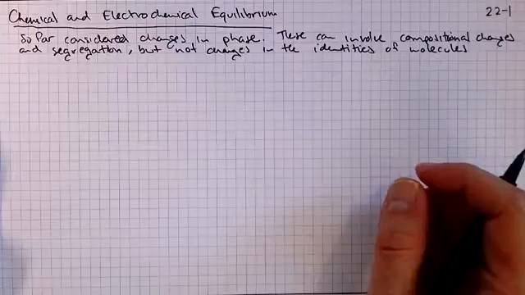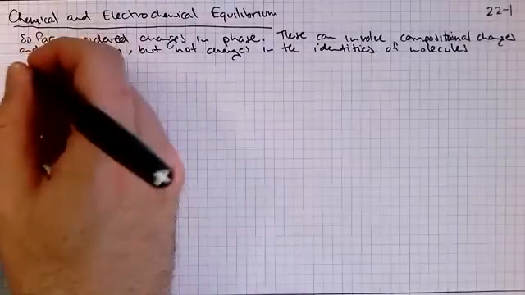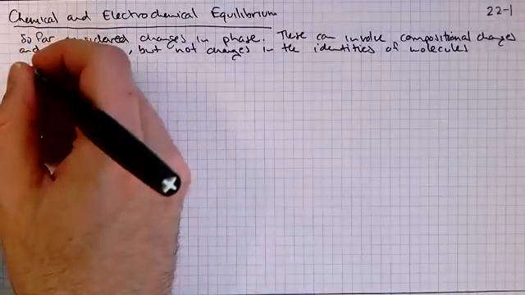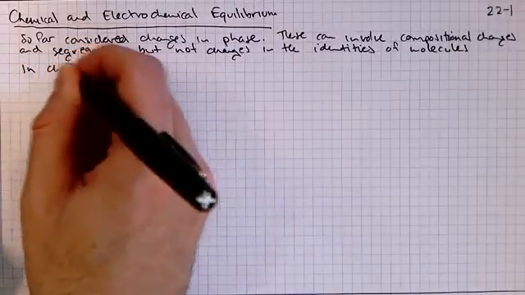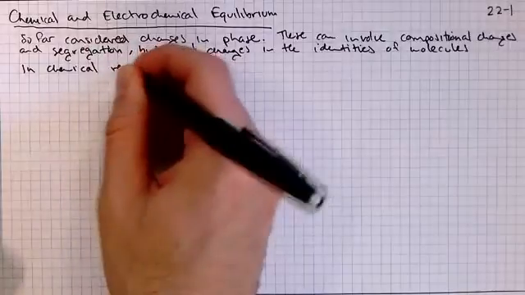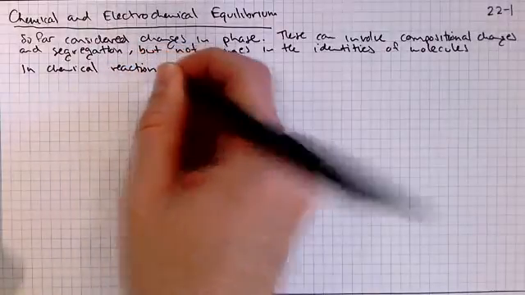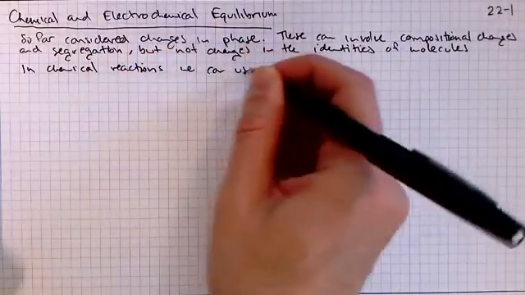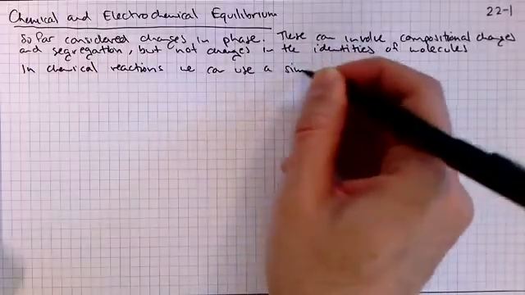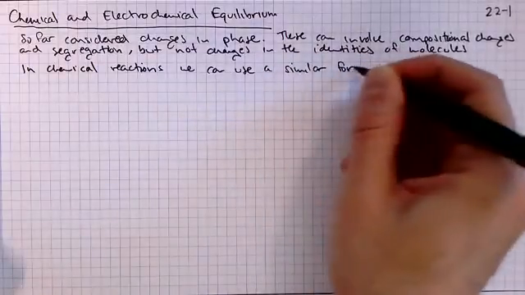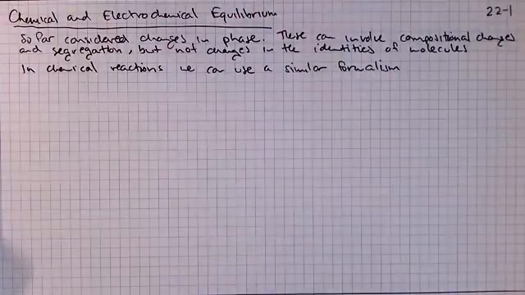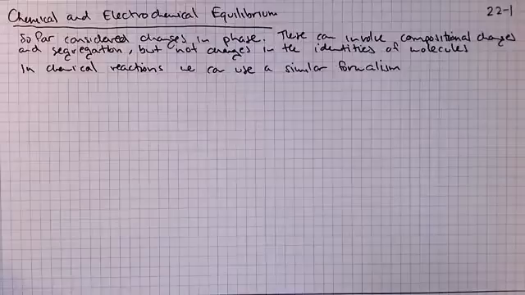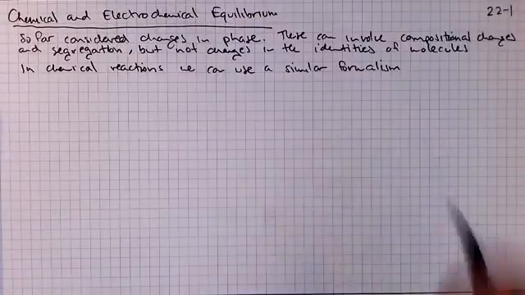So here we're going to start talking about chemical reactions, but we can still use a similar formalism to think about the thermodynamics of the reactions. And this will be important for thinking about things like electrochemistry and galvanic cells and these sorts of things.